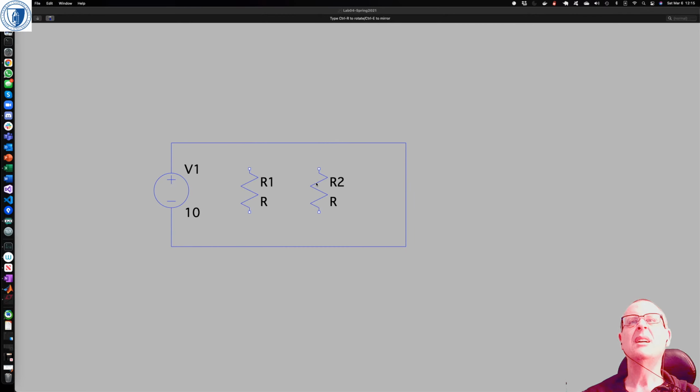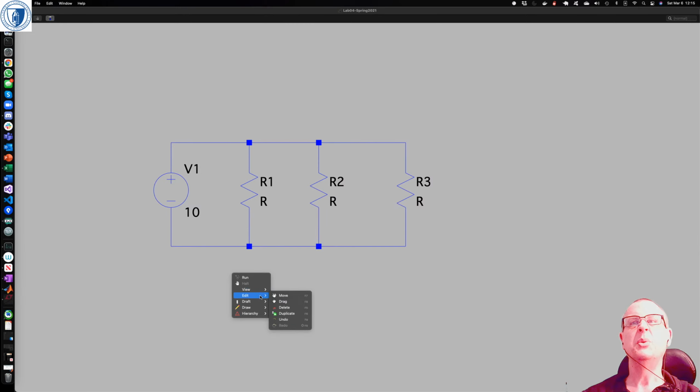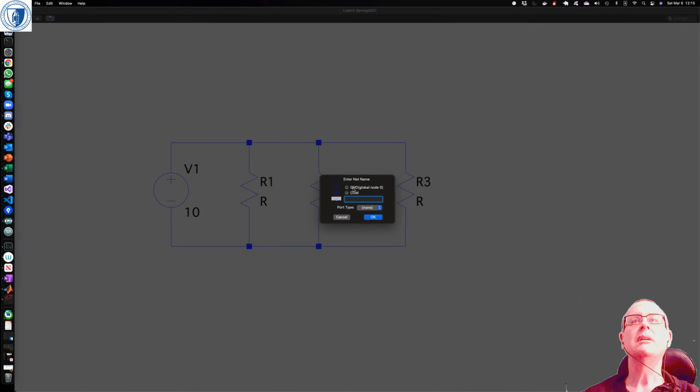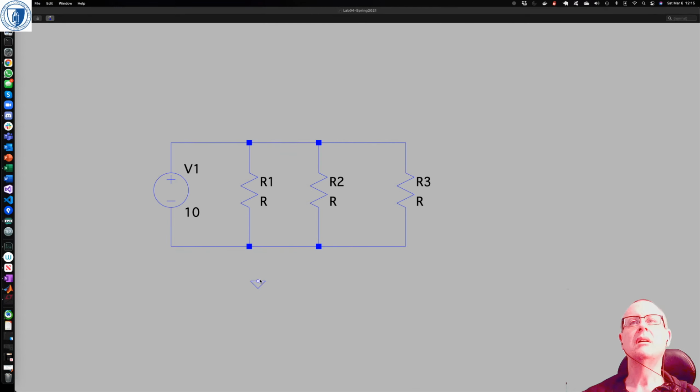Then I need to get my wires back in, and I need to put my ground in. And F3 to get my wires back.